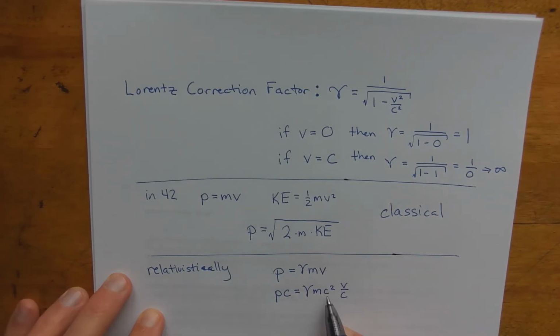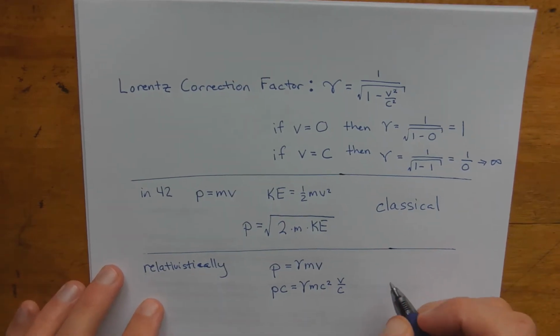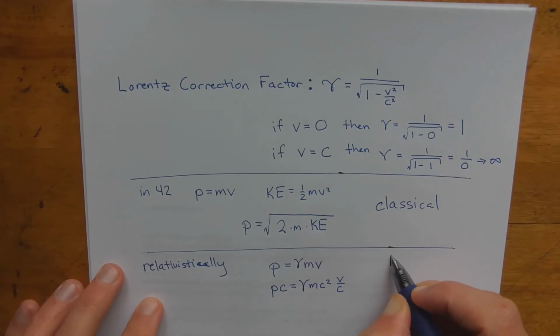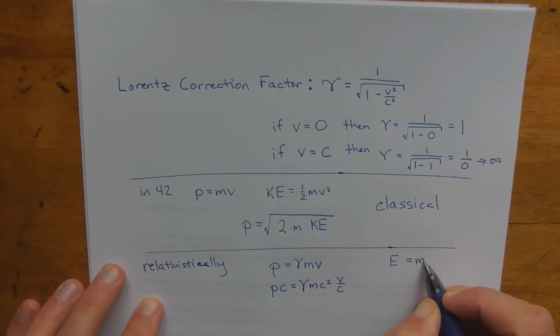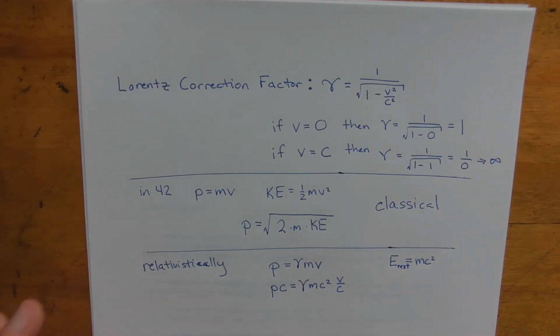So we multiplied by c, but then we put an extra c in the numerator and a c in the denominator, which is a useful way to write this quantity, because, as you may be familiar with, we have E is equal to mc squared, but this is only the rest energy of the object, so we will have to be careful about that, because oftentimes people just say E is equal to mc squared, but it's the rest energy that we're talking about when we use this equation.